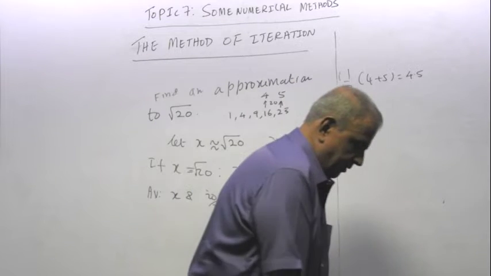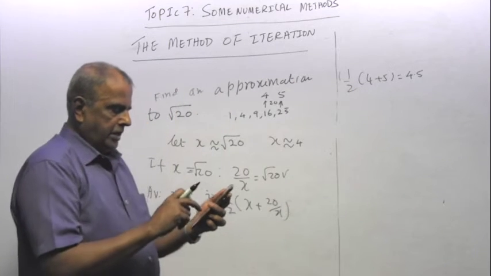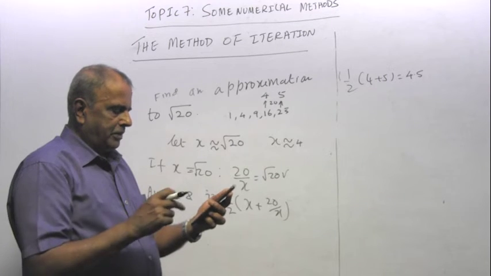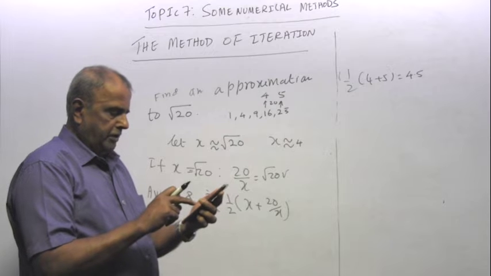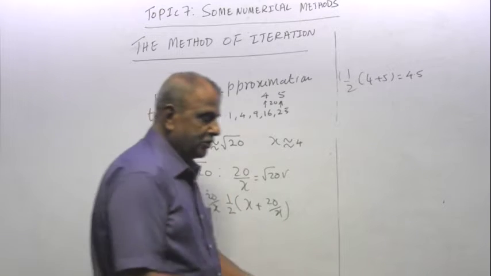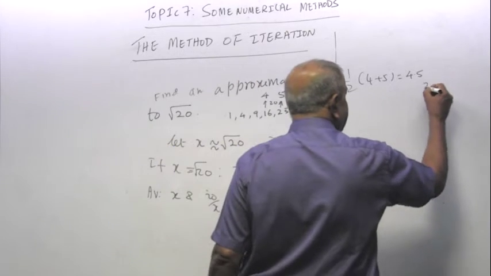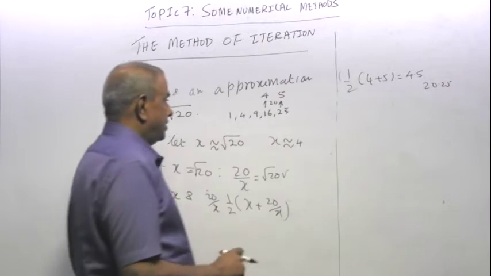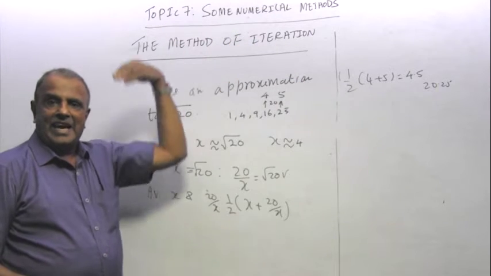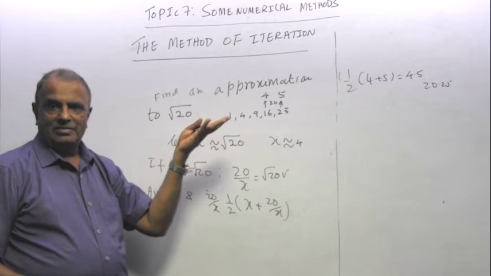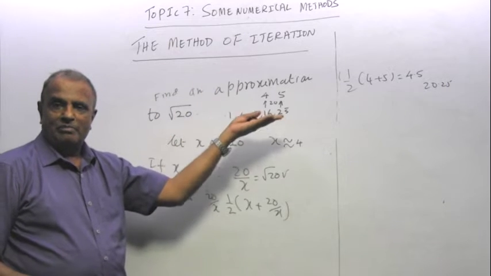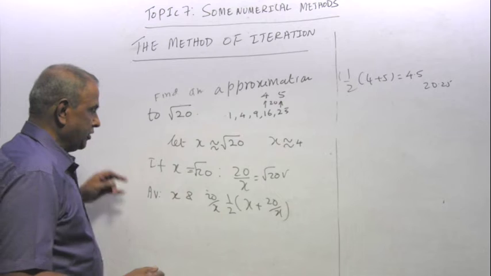Why? Let's look at the square of 4.5, just to confirm. 4.5 squared is 20.25, while 4 squared is 16. So 4.5 is nearer to root 20 than 4, because one gives 16 and the other 20.25.